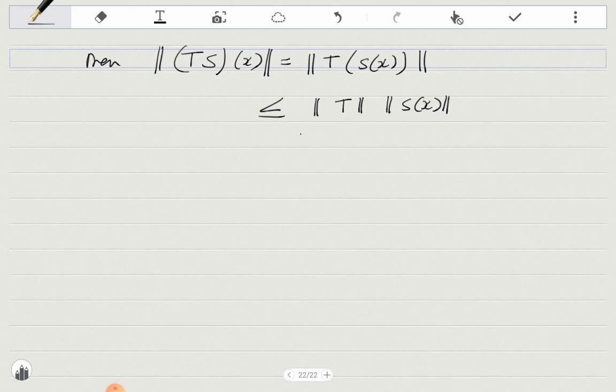And again, a similar inequality for S of x will imply that this is less than or equal to norm T, norm S, and then norm x.